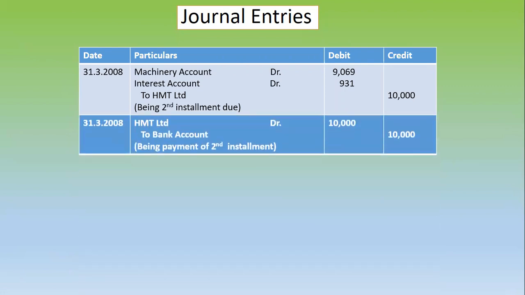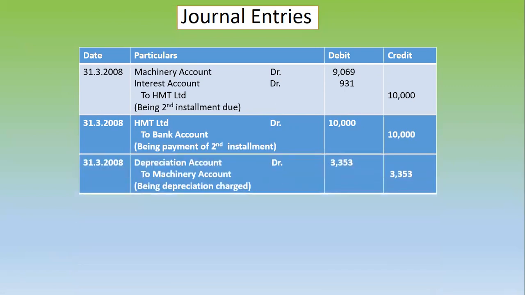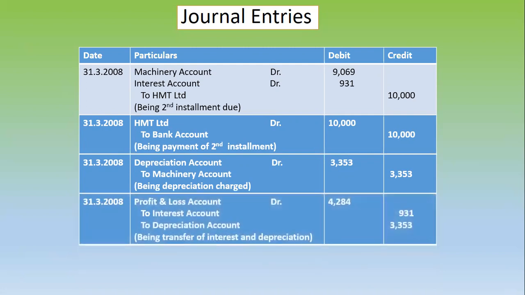And second entry for payment of second installment, HMT Limited account debit to bank account 10,000. Then third entry for depreciation account debit to machinery account, that's for the second year, depreciation value of 3,353. And fourth one is for transferring the interest and depreciation to profit and loss account.